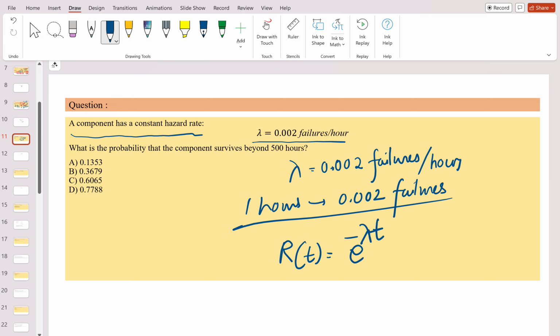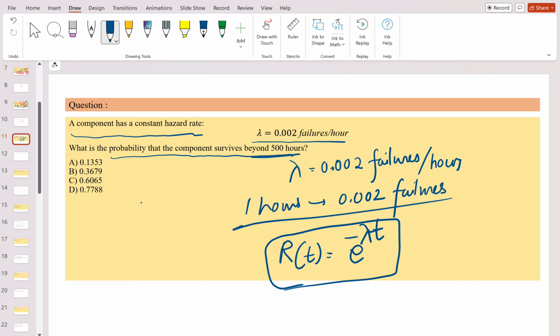Okay, so let me explain what it says basically. When you solve the equations, which are already provided in the lecture slides, you can find this formula, which says the probability that the component survives beyond 500 hours.